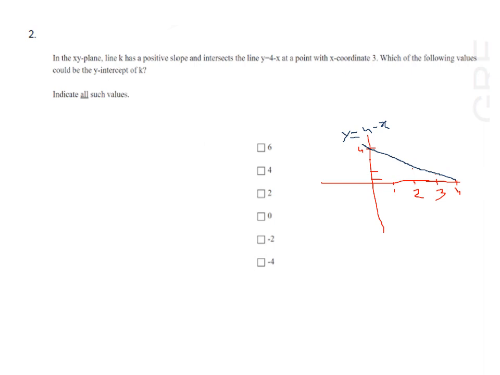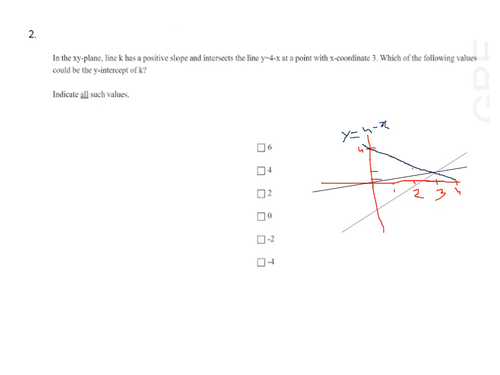Now K has a positive slope. Let us draw a K line with a positive slope. So here is a positive line and here is another positive line, and both lines intersect the line y equal to 4 minus x at x coordinate 3.